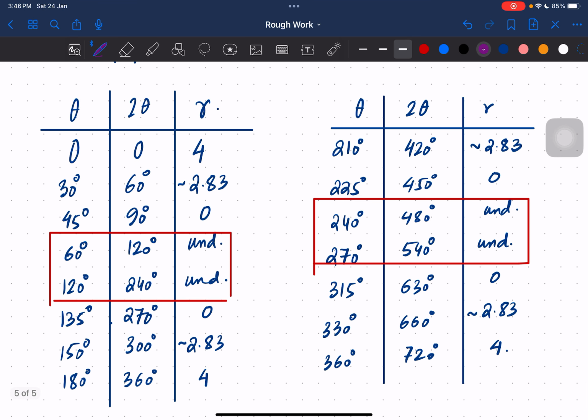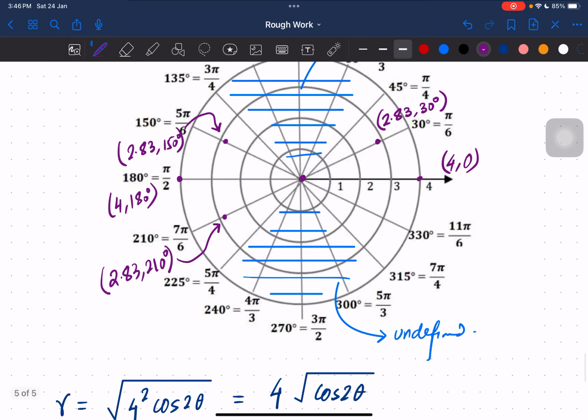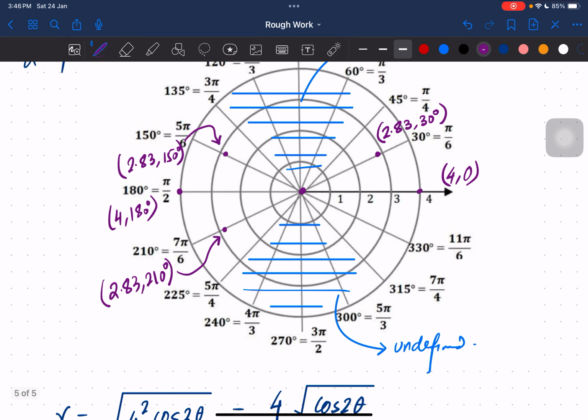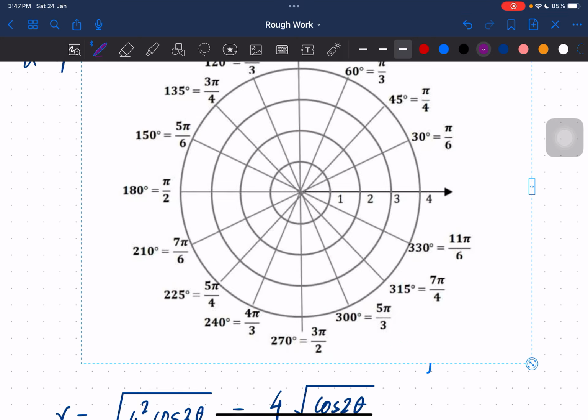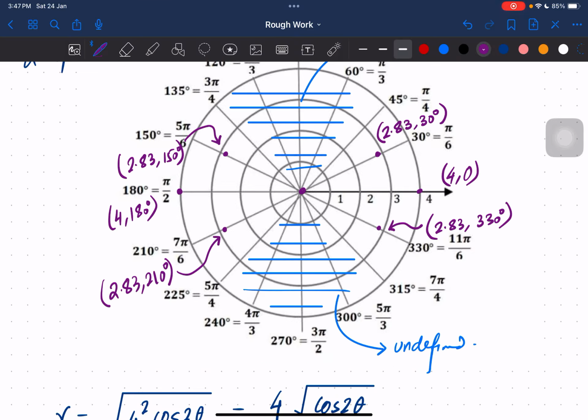Finally at 315 it is 0, and at 330 it is 2.83, so 330 here. And again at 360 it comes back to 4. So now you can understand this path, what is happening.